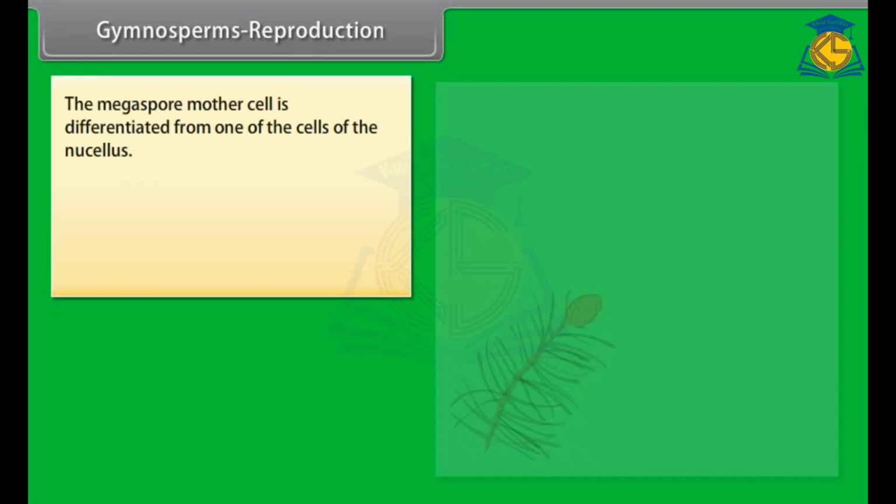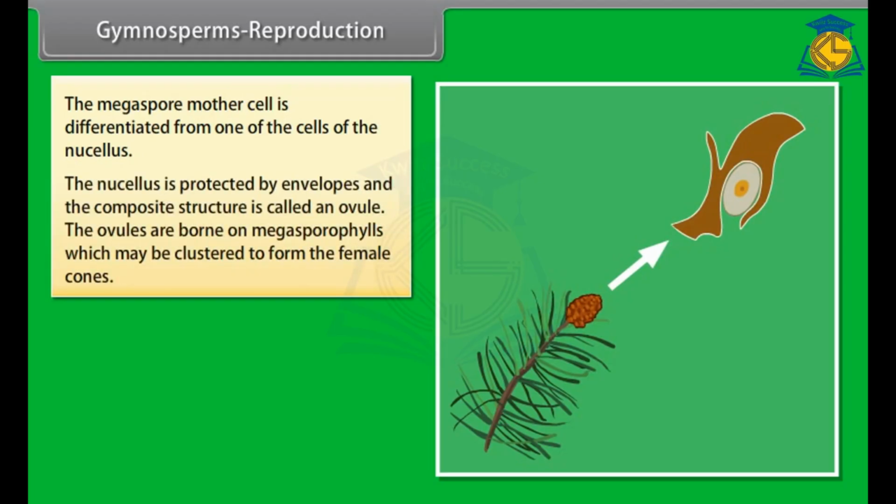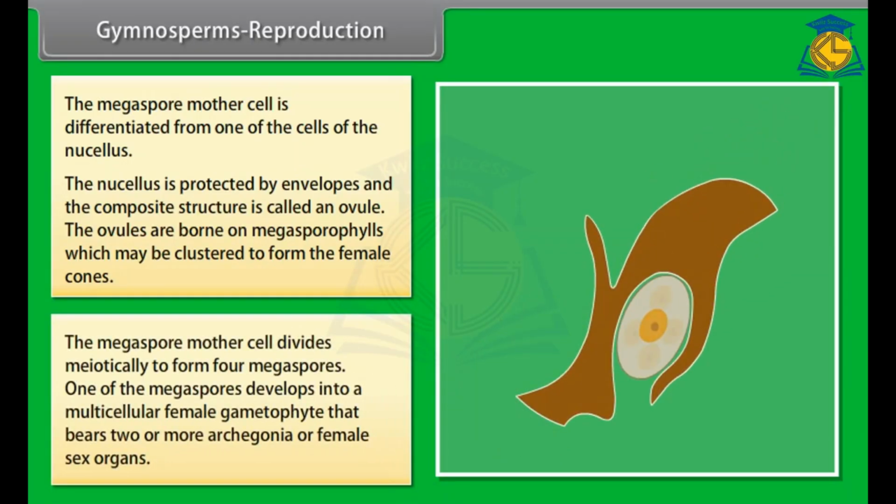Gymnosperms: reproduction. The megaspore mother cell is differentiated from one of the cells of the nucellus. The nucellus is protected by envelopes and the composite structure is called an ovule. The ovules are borne on megasporophylls, which may be clustered to form the female cones. The megaspore mother cell divides meiotically to form 4 megaspores.